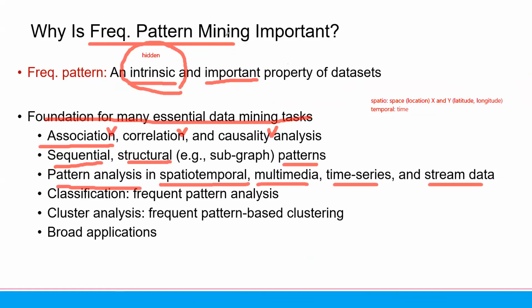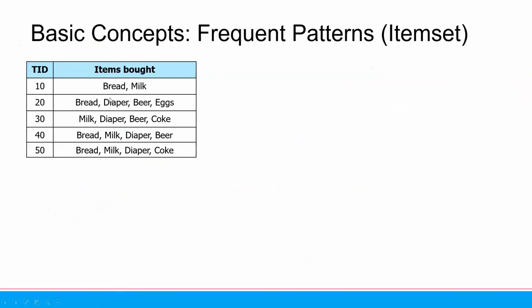So we need to use the frequent pattern before we do further analysis on this. And later we can do classification, and we can also use cluster analysis. So there are many applications for this frequent pattern mining. So let's see the basic concept of these frequent patterns.